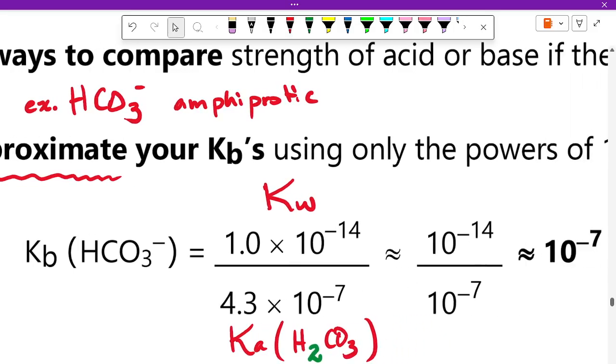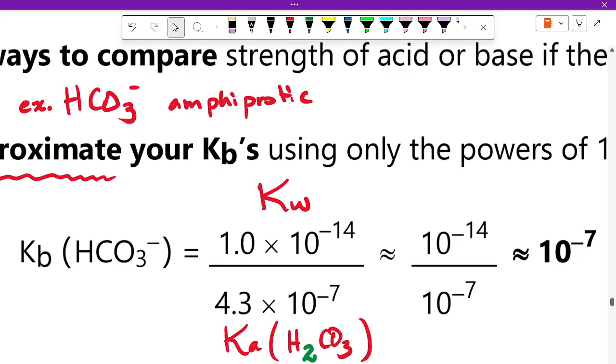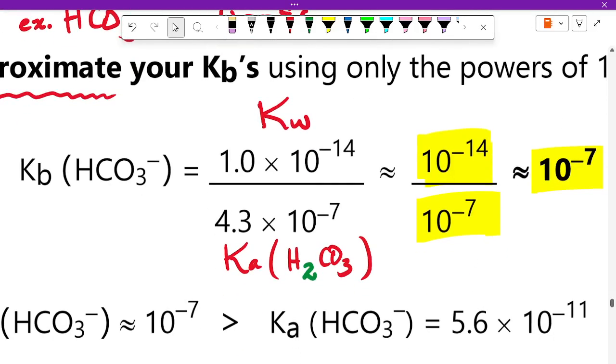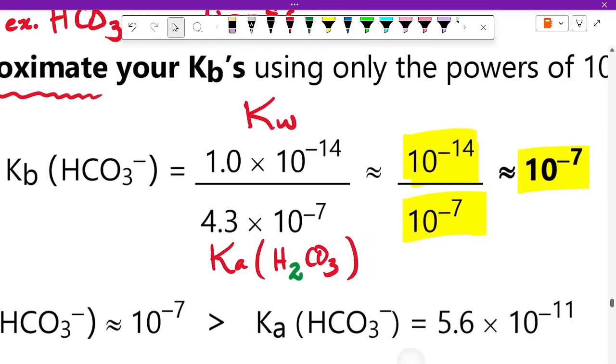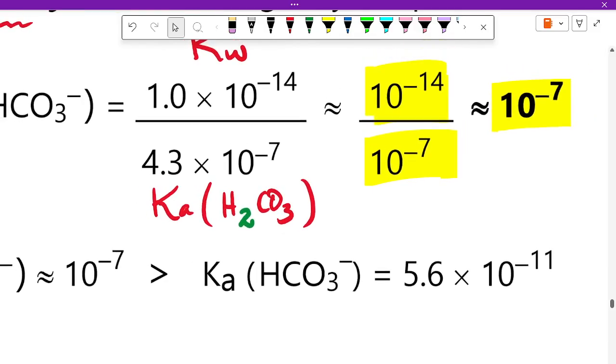Okay, and you can approximate that. In my head, you wouldn't actually write this down necessarily on multiple choice, you'd just be like, 10 to the negative 14 over 10 to the negative 7 is about 10 to the negative 7. Yes? And then you would look up your Ka of HCO3. Okay, so that's on the chart.